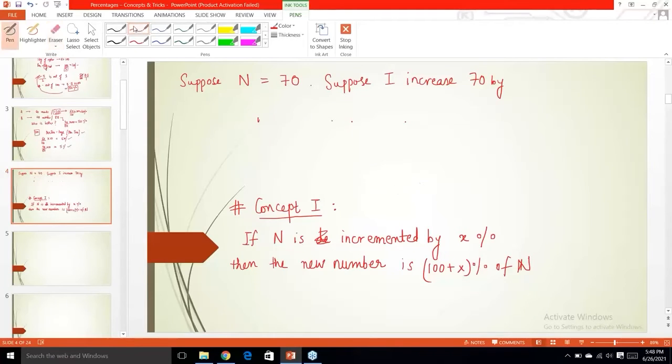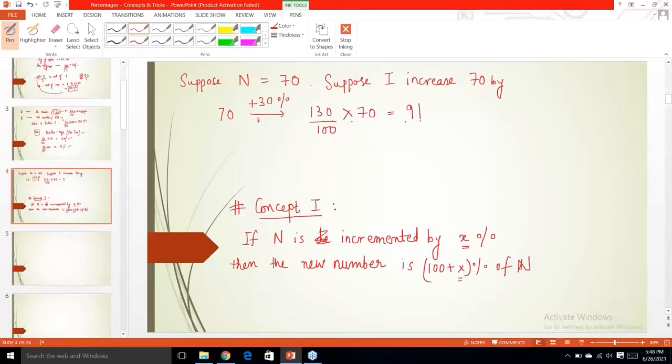Now, the number is 70. If I want to increment it by 30%, what did we say? We said that if the number is incremented by x%, it becomes 100 plus x% of itself. So if the number is incremented by 30%, it will become 130% of itself.